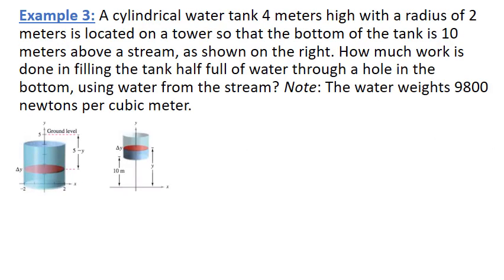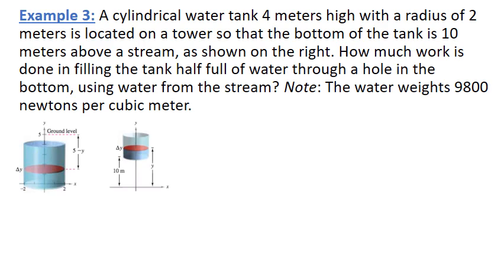The last example for this section involves filling up a tank with water. So it says a cylindrical water tank 4 meters high with a radius of 2 meters is located on a tower, so the bottom of the tank is 10 meters above a stream, as shown below.